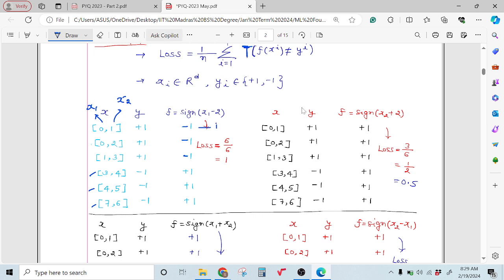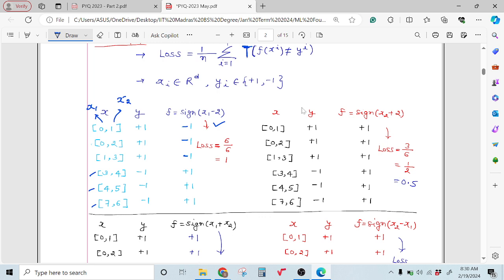Let me remove this and we will tick which values we will consider. Here the output is minus 1, we will consider this because it is not equal to the y value.